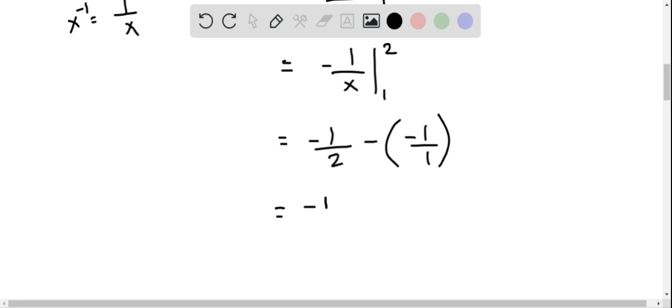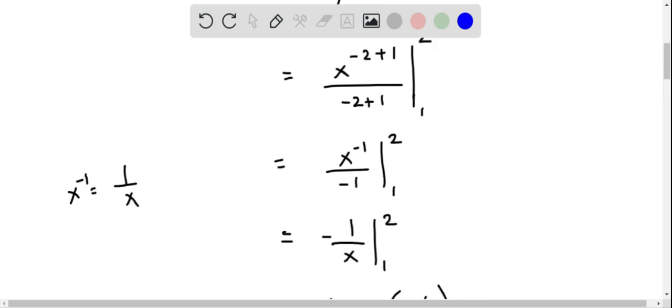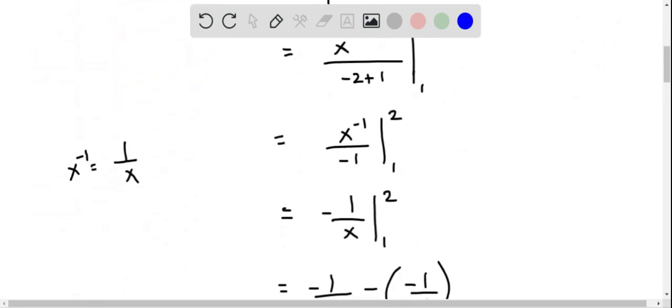This equals negative 1 by 2, and the negative of a negative is a positive number, 1 by 1 is 1, so it is negative 1 by 2 plus 1. This is 1 minus a half, which equals half. So this is the area under the curve, as well as the area of the shaded region.